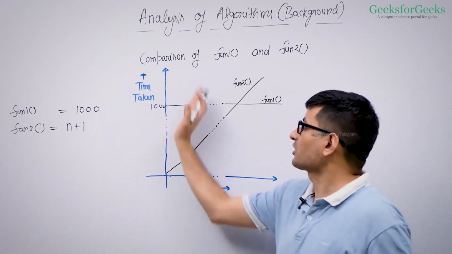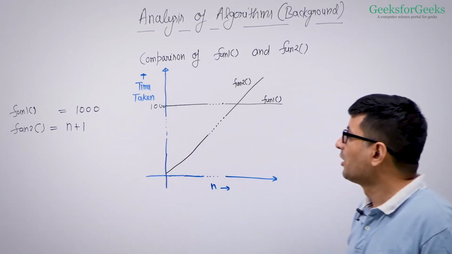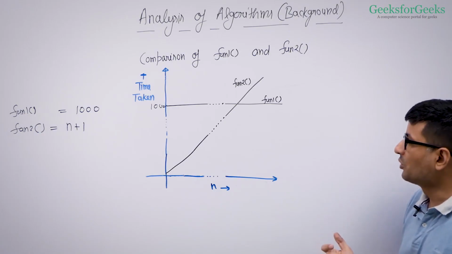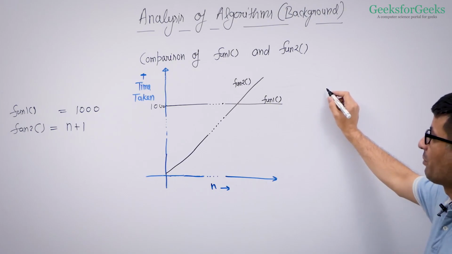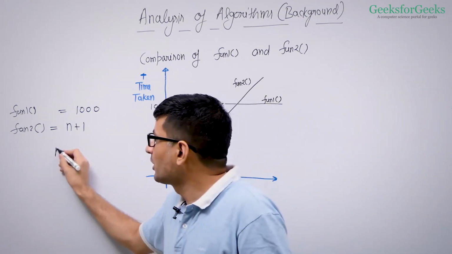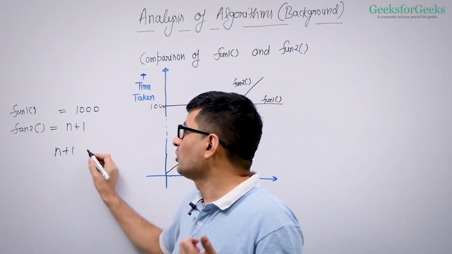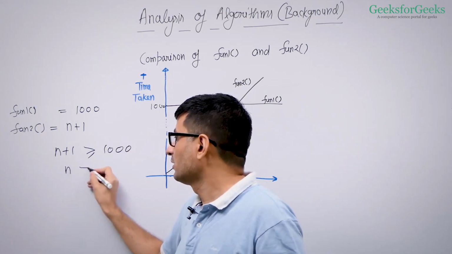Earlier it was growing faster. Now it grows slower because he has a faster machine. Now if you compare these two, and if you try to find out a value after which your machine is going to take less time, you can find that value. n plus 1, you want it to be greater than 1000, your machine's time, you can find a value.